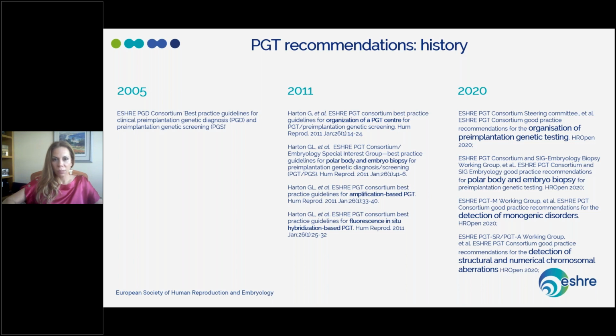And this global structure has now been retained in the new 2020 papers. A first paper is on the organization of PGT service, and then there are 3 technical papers, one on biopsy, one on the detection of PGT-M, and then the last is on the detection of PGT-SR and PGT-A.